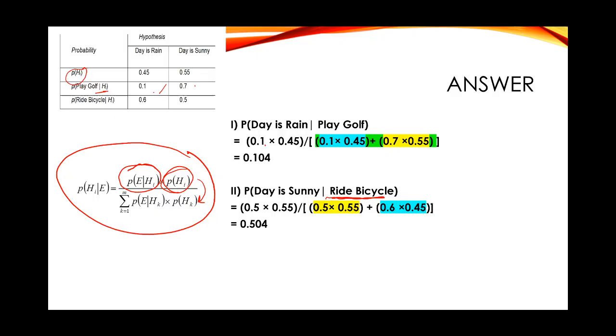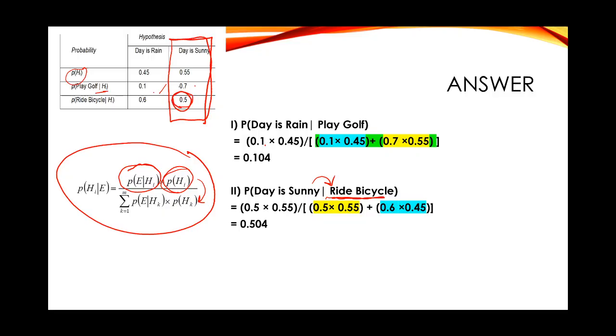So day is sunny, so we have to take a look at this column. It is going to be with evidence of riding the bicycle.